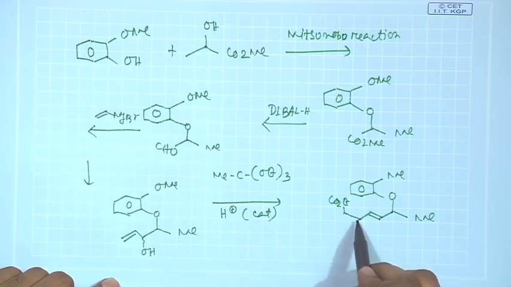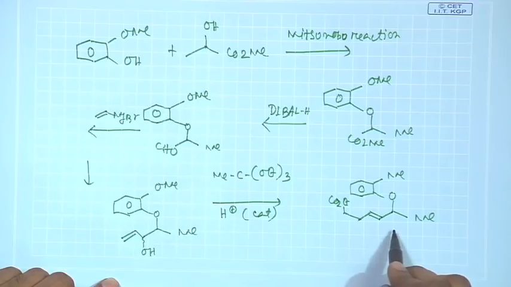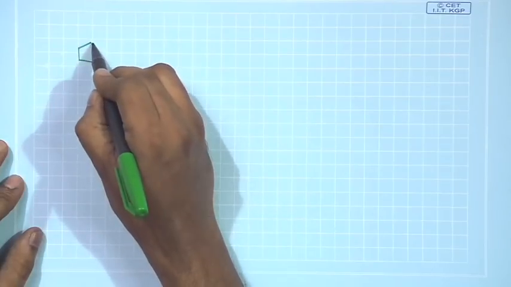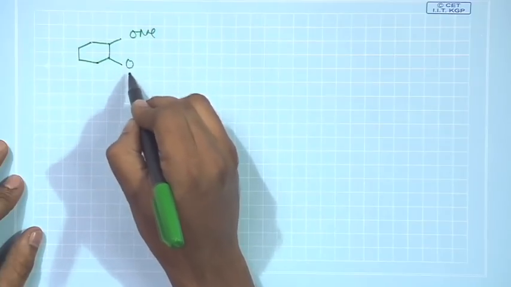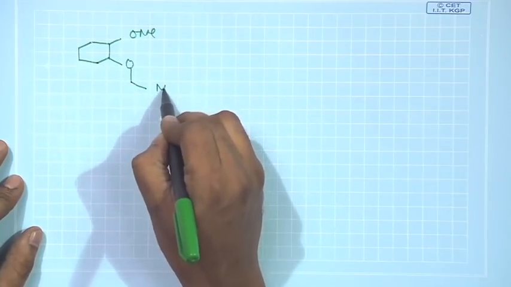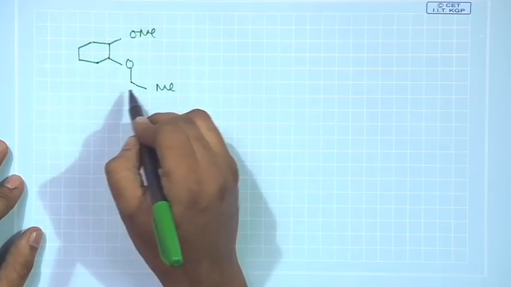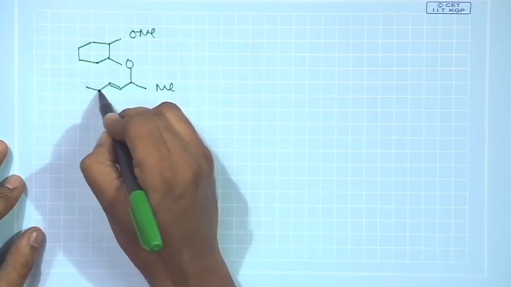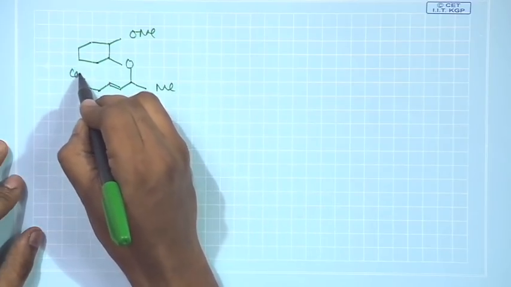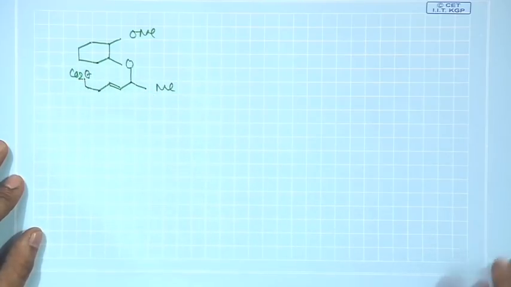So, this is the gamma,delta-unsaturated ester, which is one of the intermediates. Now we will try to do something else, and again you try to figure it out. We said the next transformation which you have devised in the retro pathway is basically a 3,3 Claisen kind of rearrangement of an allyl phenolic ether.